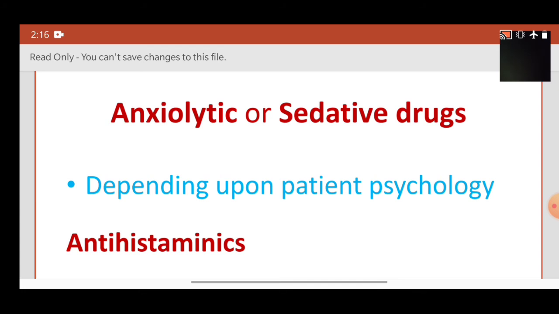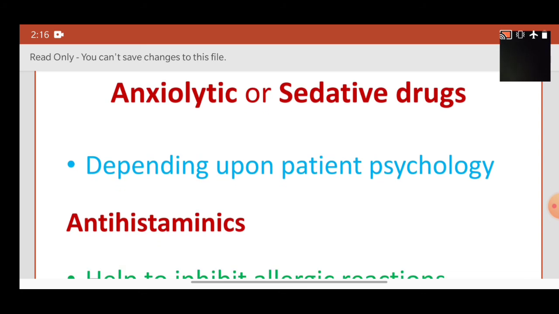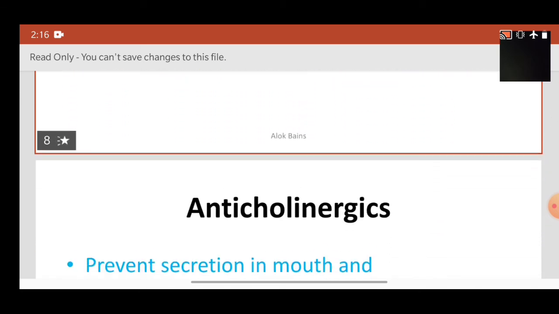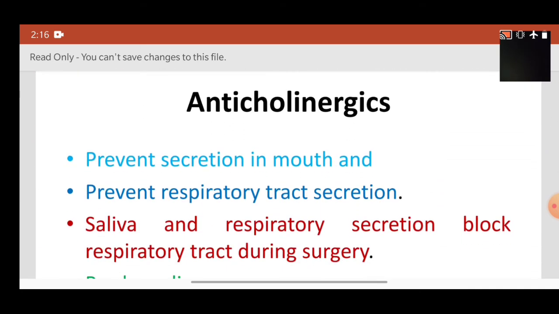Otherwise, opioid analgesic will serve the purpose of analgesic as well as sedatives. Next category is antihistaminics. These antihistaminics are used to control any type of allergic reactions produced by the general anesthetics in human body.